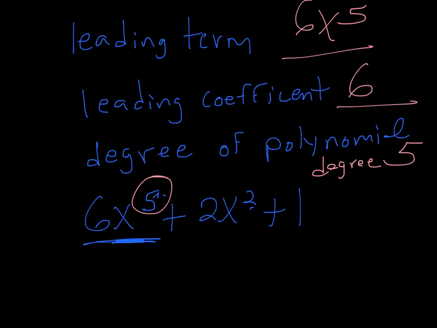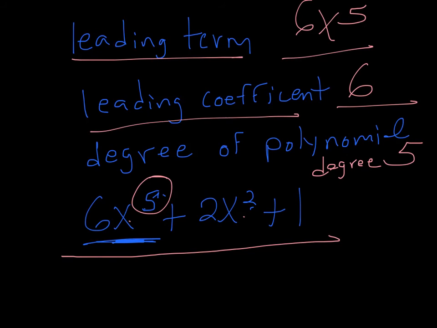So what we want to make clear is that the polynomial has to be in standard form, from the highest power going down to finally the constant term, before you talk about the leading term, the leading coefficient, or determine the degree of the polynomial. So here's a couple examples. This will be example 4.